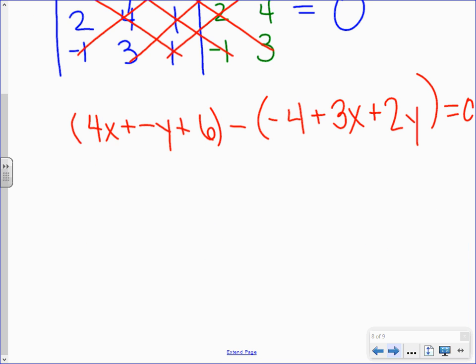From here, it's a matter of combining like terms. So we have 4x minus 3x, -y minus 2y, and 6 minus -4.